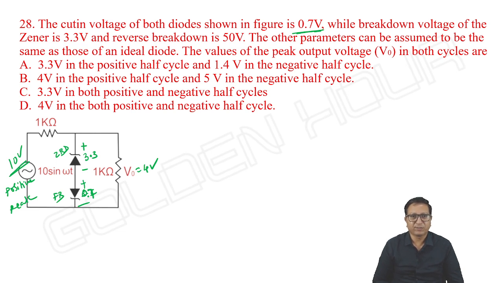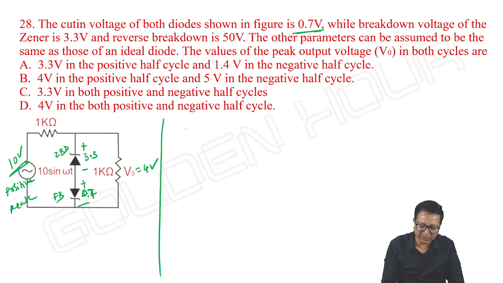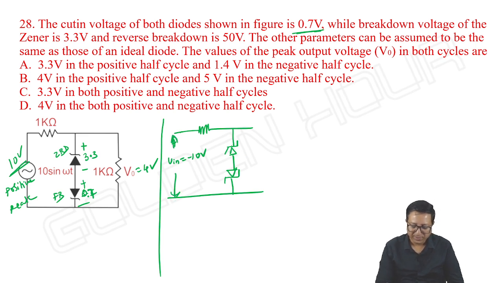Next, during negative cycles, when input is at its negative peak, minus 10. Minus 10 means I can write minus plus like this.